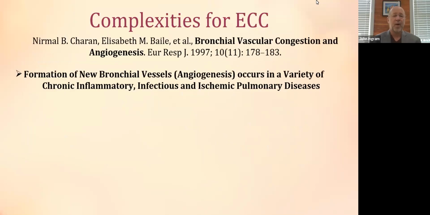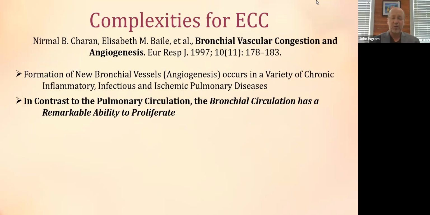Now, in an article by Charan and associates, Bronchovascular Congestion and Angiogenesis, back in 1997, they state that the formation of new bronchial vessels, i.e. angiogenesis, occurs in a variety of lung conditions: chronic inflammation, infections, and different pulmonary diseases.